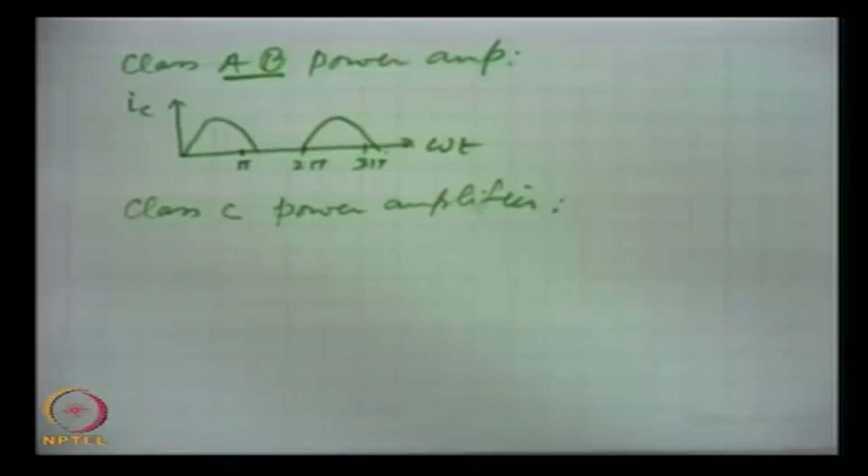In class C amplifier, the operating point is chosen such that collector current flows for much less than 180 degrees. The conduction angle is much less than 180 degrees.